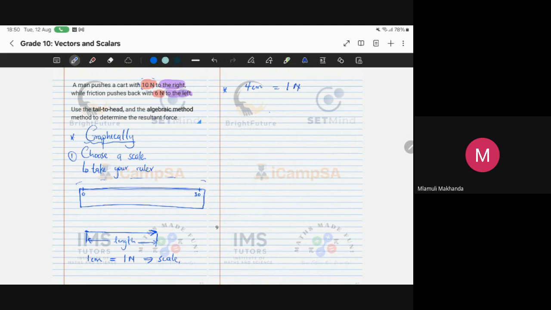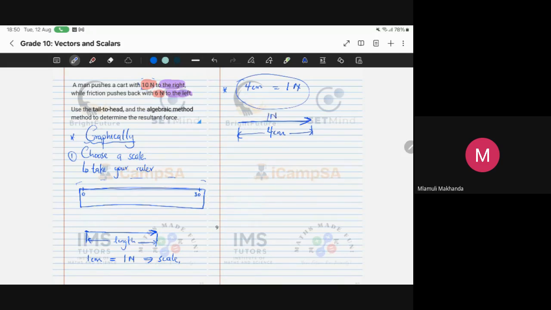Because what you're saying is that when you draw a vector that is 4 centimeters long on your ruler, this is equal to 1 newton.